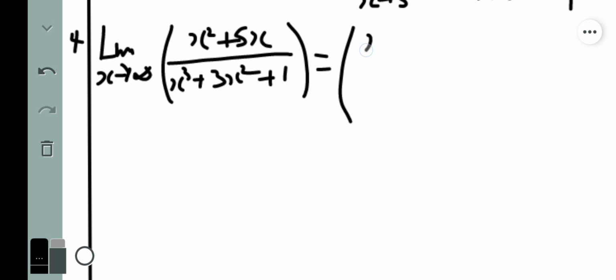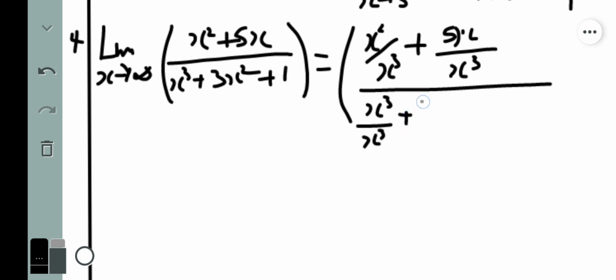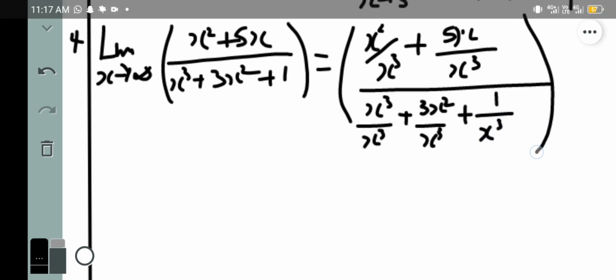So we have x squared over x cubed, plus 5x divided by x cubed, all divided by x cubed over x cubed, plus 3x squared divided by x cubed, plus 1 divided by x cubed, and then you have this eventually.